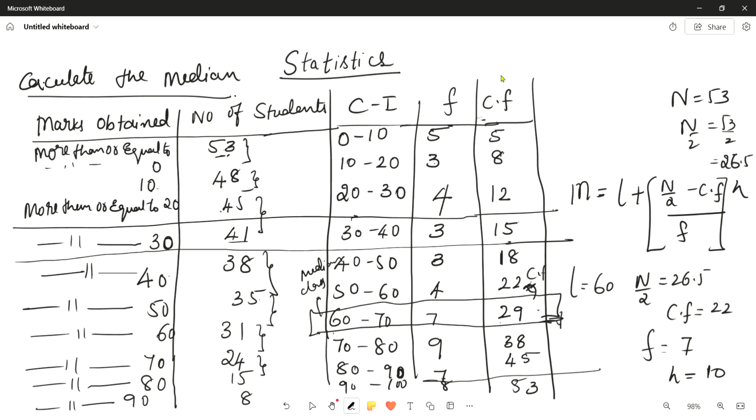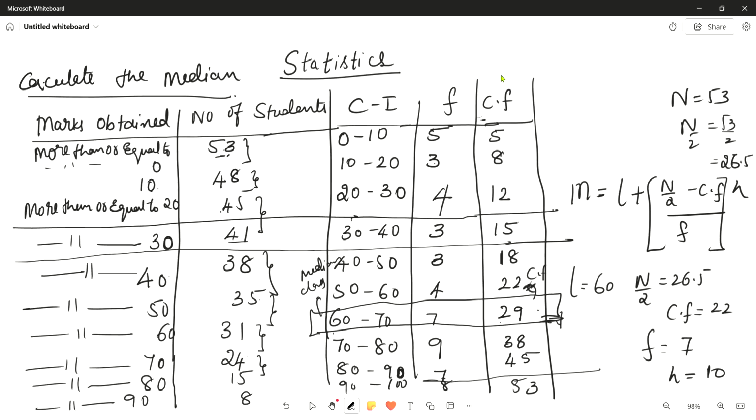Again, you have to do what is L? Lower limit of the modal class.